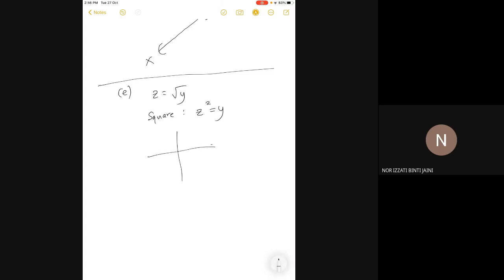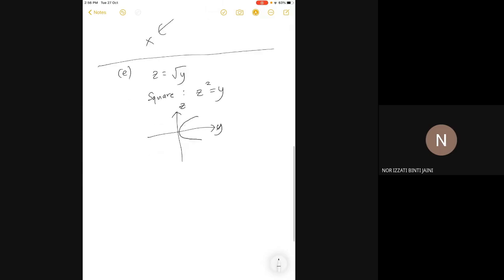Contoh kalau saya ada Y dengan Z, so saya akan ada parabola pada Y, menghadap Y. Okay. So surface in 3D, this is 2D, you transform pada 3D. Sebab surface ni mesti lukis pada 3D kan. Okay, dia ada menghadap Y. Mana yang tak ada? X kan. So dia akan jadi sepanjang paksi X.